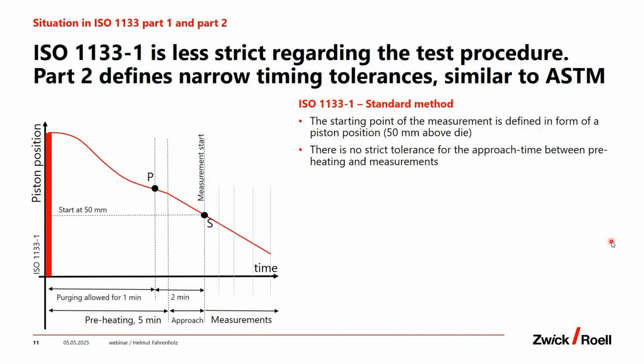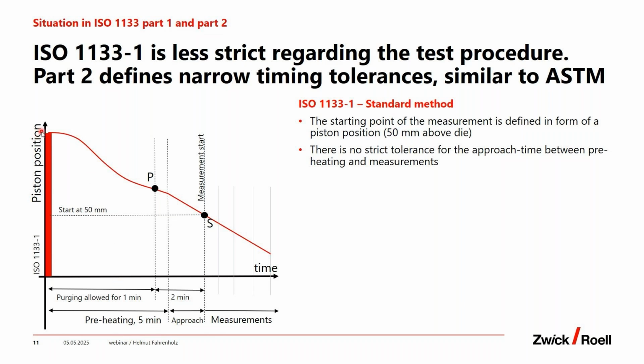Let's say we can show the whole test procedure in such a diagram. We have here on the y-axis the piston position. So we start with a completely filled barrel, and we have here the timing. So if we want to show what I just explained, you see here you have a certain time for preheating. This is 5 minutes.